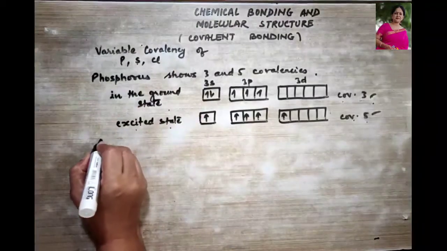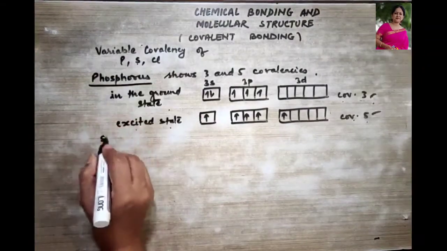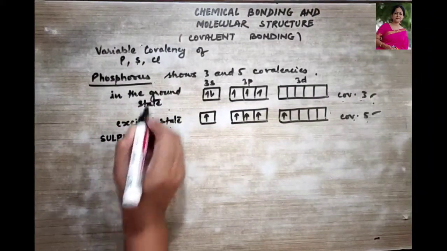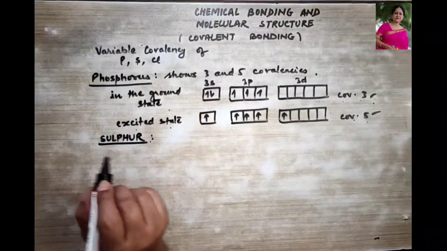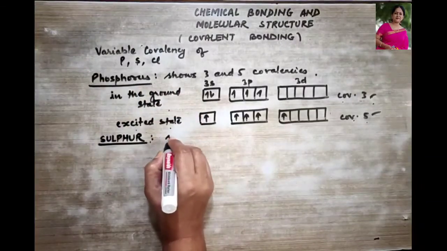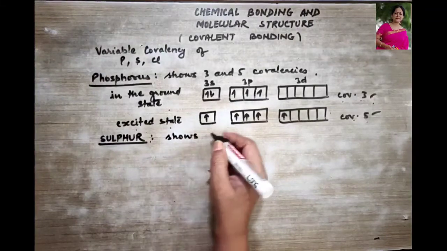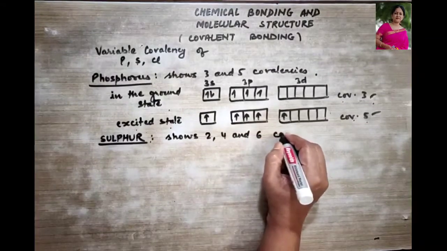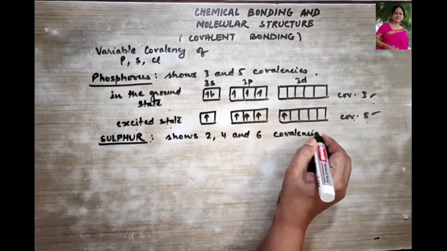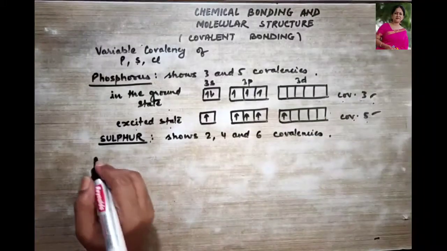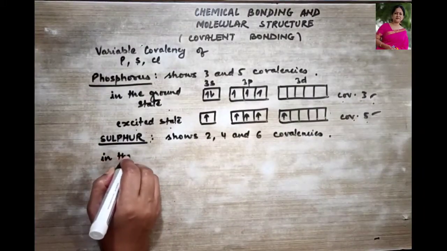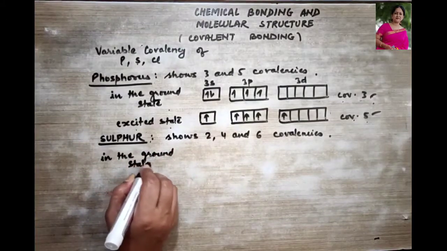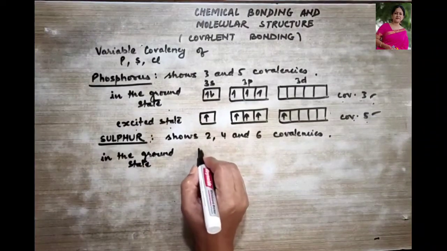Now let us talk about sulfur. This was about phosphorus. Now I'm going to talk about sulfur. Okay, so sulfur shows how many covalencies? It shows 2, 4 and 6 covalencies, right? So let us look at sulfur in the ground state.